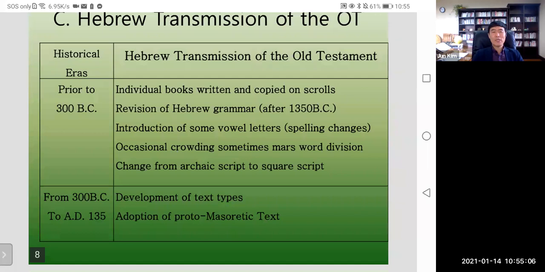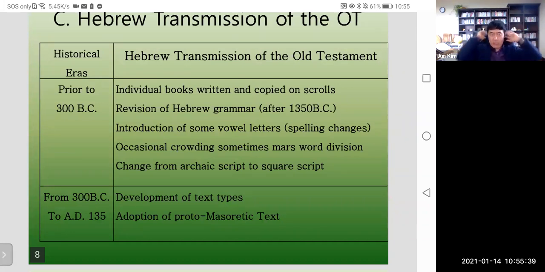Okay, let's just talk about the Hebrew transmission of the Old Testament. It's very informational, but just to briefly understand. Prior to 300 BC, individual books were written and copied on scrolls. Revision of Hebrew grammar after 1350 BC: introduction of some vowel letters, spelling changes, occasional crowding, sometimes marred word division, change from archaic script to square script.